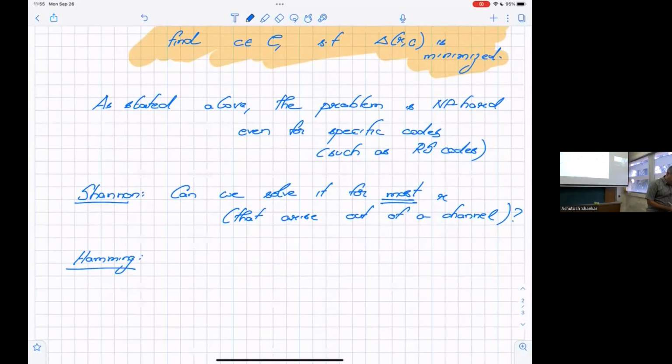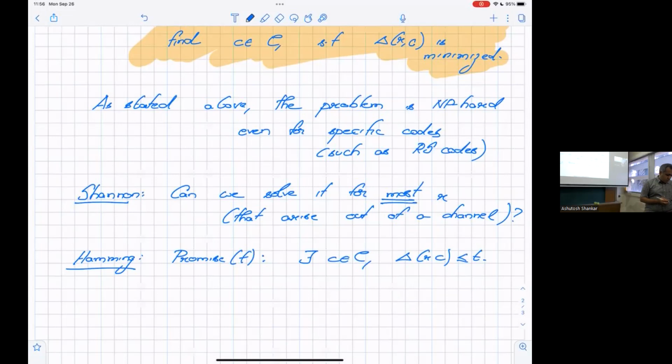So you give a promise, characterized by T: there exists a C in the code such that delta(R, C) is less than or equal to T. Given that promise, you can do it. And Hamming, in fact, did it for T equals 1, he gave an explicit code. So we'll take Hamming's approach and ask how large T can be made so we can solve it.